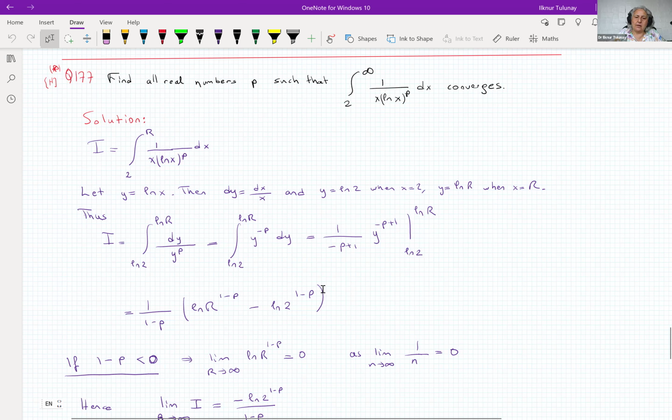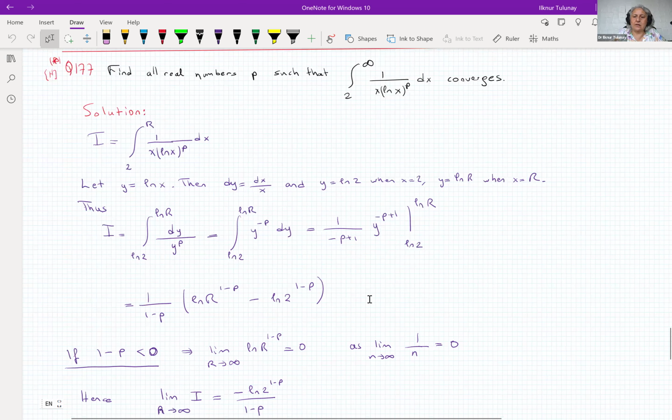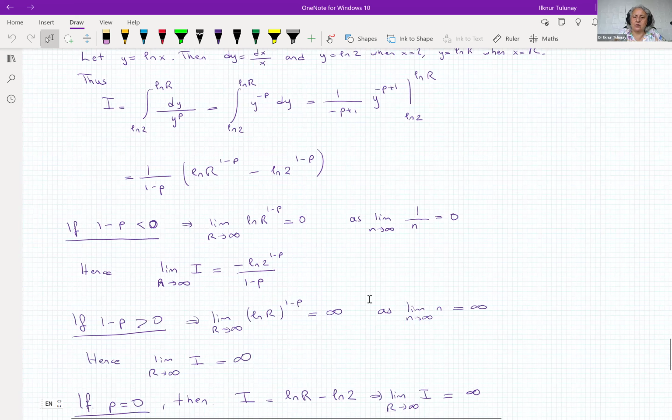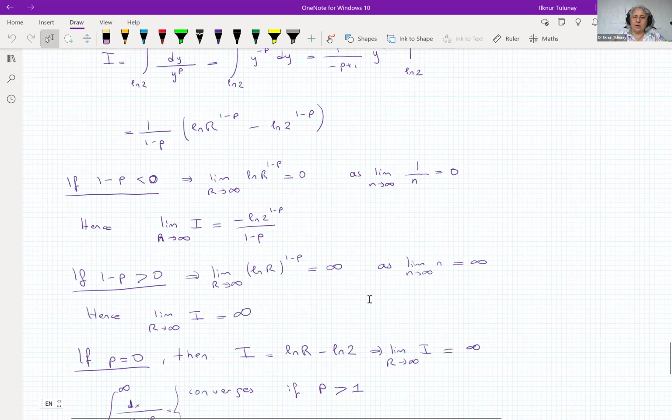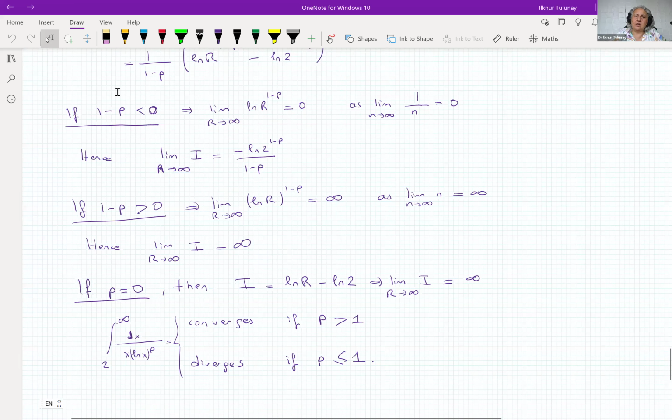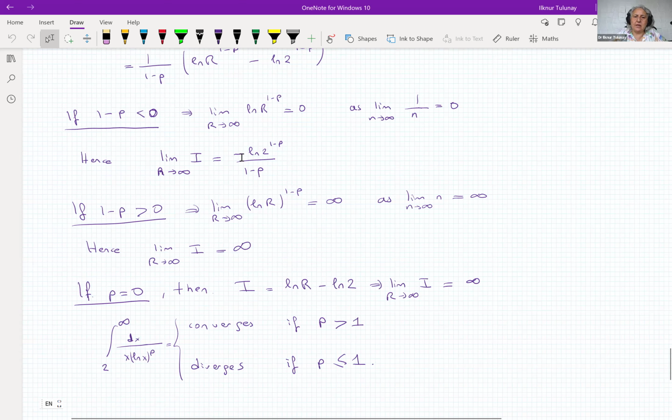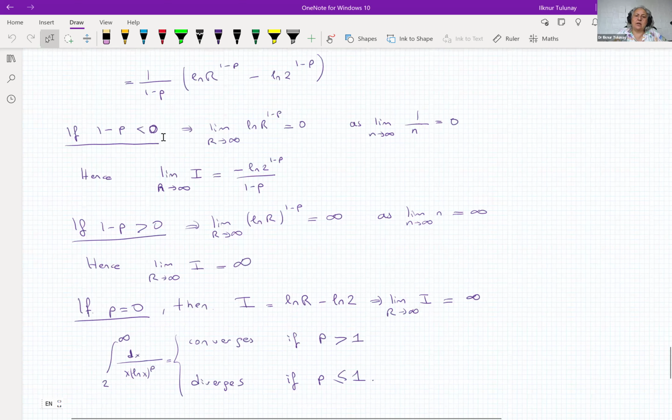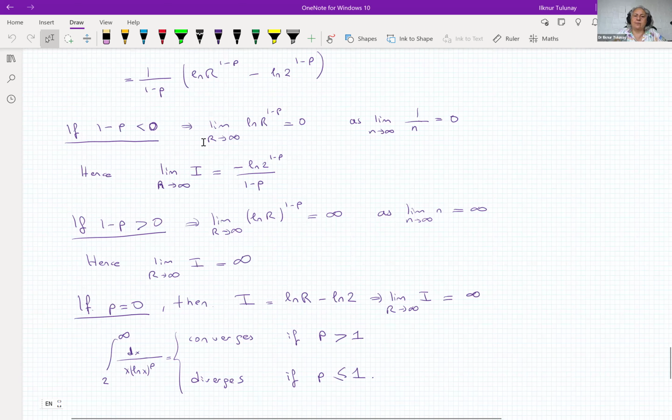Now the question is, when r goes to infinity and this limit exists, for what types of p does the limit exist? That's the next part that we need to figure out. Okay, what are the cases? Well, if 1 minus p is smaller than 0, let's see what will happen.